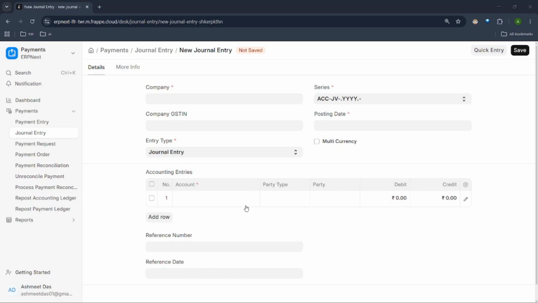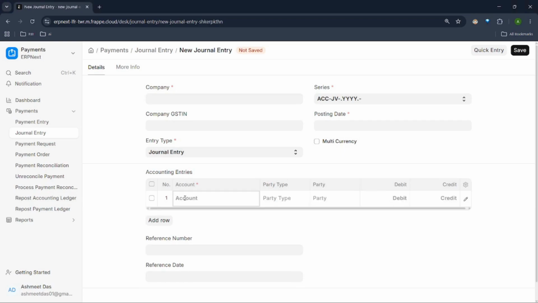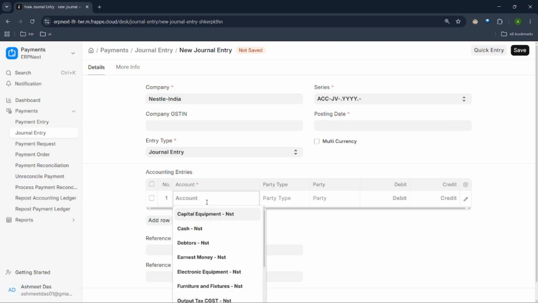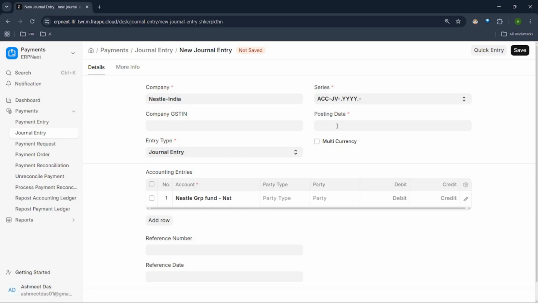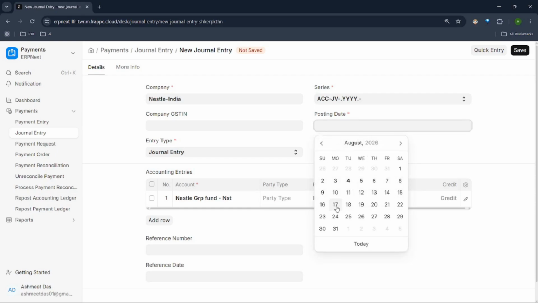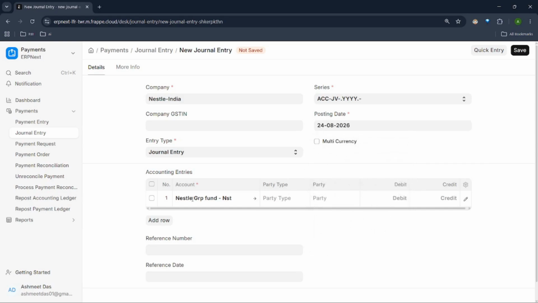In the journal entry, I add details regarding our transaction, like which account is crediting or debiting, and for which company it is. In the case of our example, we are moving money from the owner's fund to the company fund. So let's take our Nestle Group fund. The posting date is when the transaction is going to occur. That's a random date.